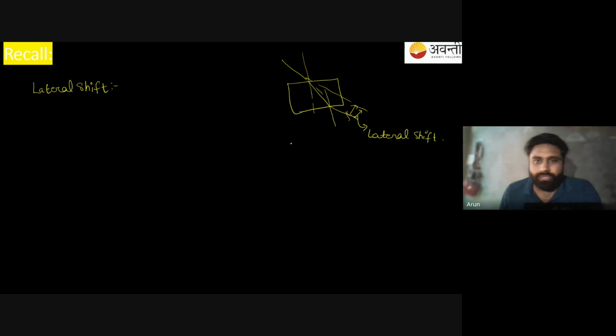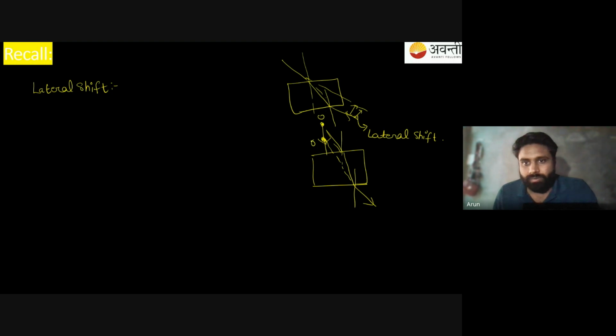And what is the normal shift? If it is a glass slab and rays fall normally on it, one of the rays going like this has refraction on two sides. If you extend this ray, it finally appears at this place, but the object is here. The object is shifted normally to this point.